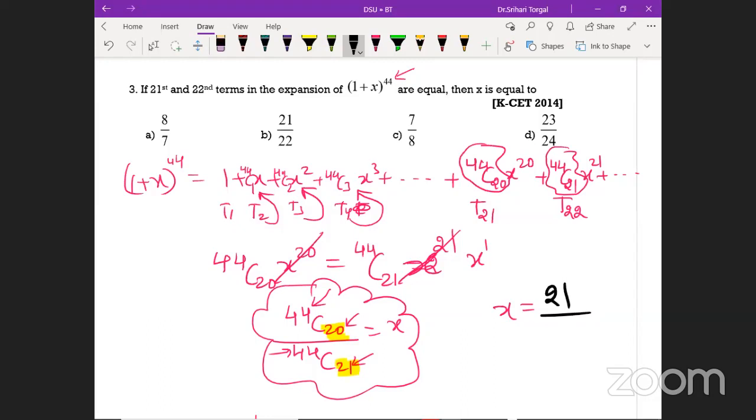Then whatever the smaller number is, you subtract from the n value, that is 44 minus 20. That will give you the x value: 24. 7 by 8 is the answer.